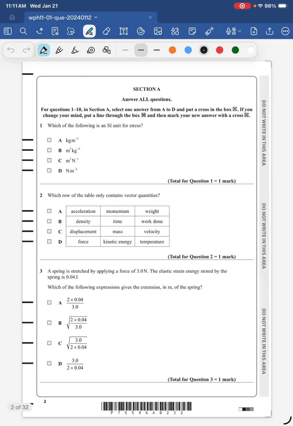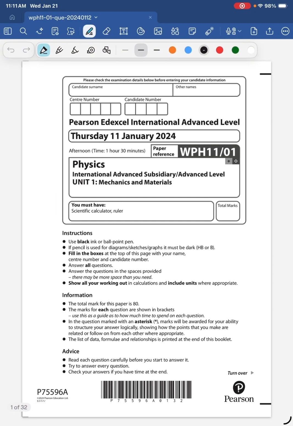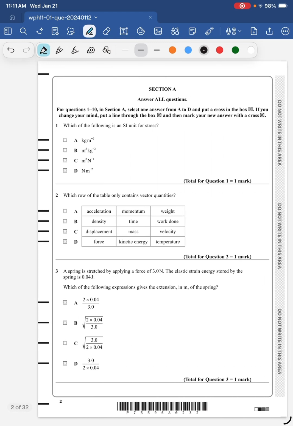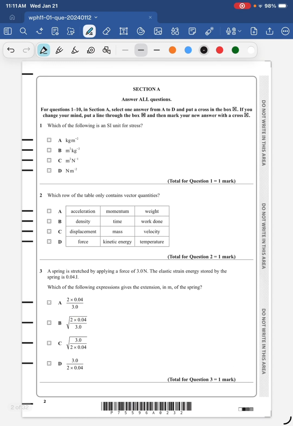All right. So first of all, before we start, in Unit 1 you have an hour and 30 minutes. As I said in past videos, maybe some of you have never watched Unit 4 or Unit 5 papers.